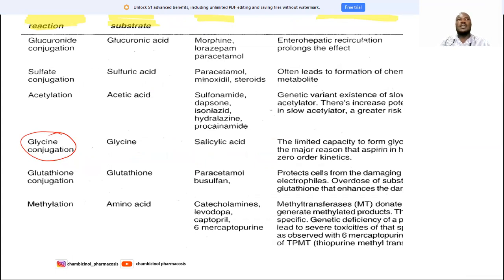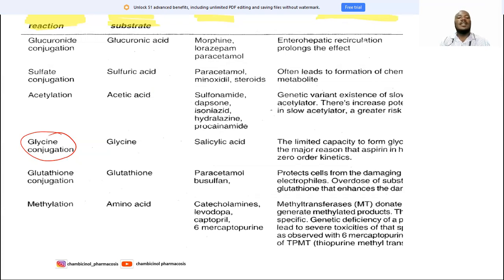Another phase 2 reaction is the glycine conjugation. In the glycine conjugation, the parent drug gets conjugated with glycine to form the metabolite. The drugs that can undergo this process are especially those that contain a carboxylic acid, including salicylic acid or aspirin. The amount of glycine, as an endogenous substance in the body, is very limited.